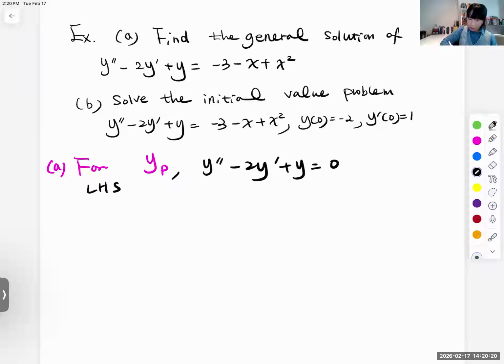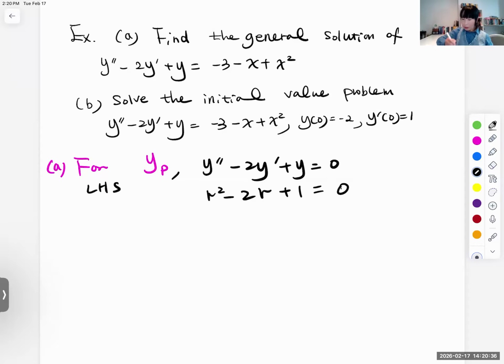Then we can express this as r squared minus 2r plus 1 equal to 0.